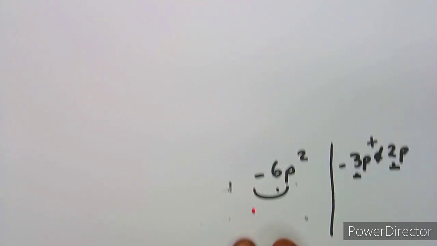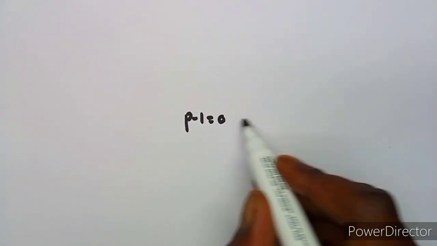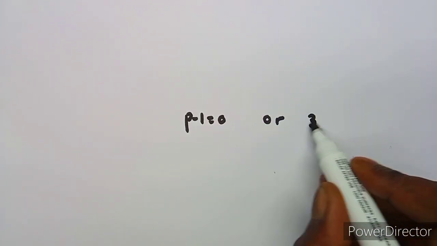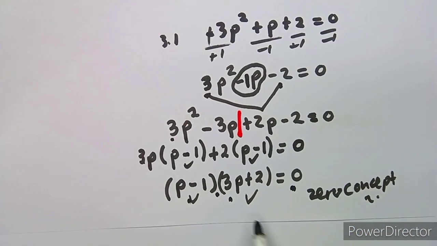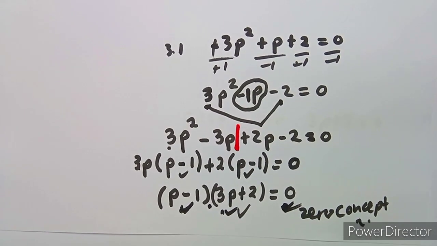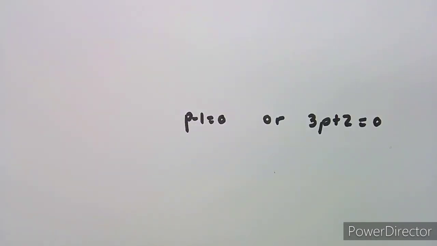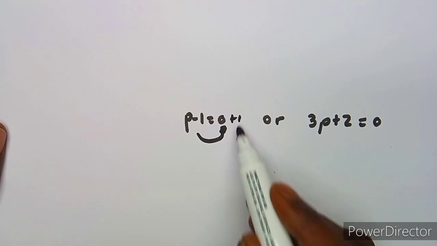So we have two things here in place of p. Either p minus 1 is equal to 0 or 3p plus 2 is equal to 0. We separate them. For p minus 1 equal to 0, we transpose, so it's 0 plus 1, which is 1.